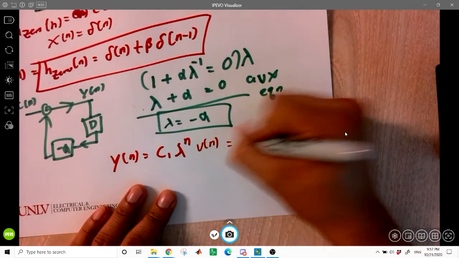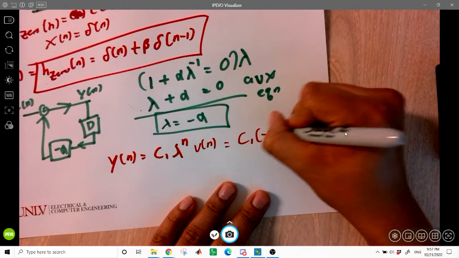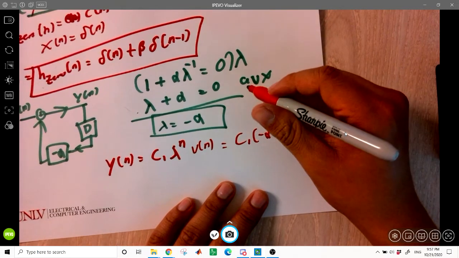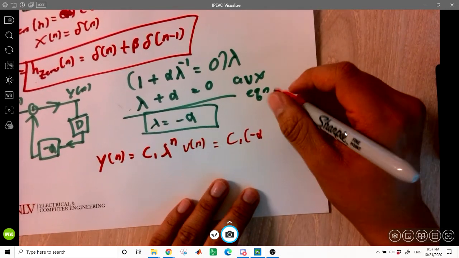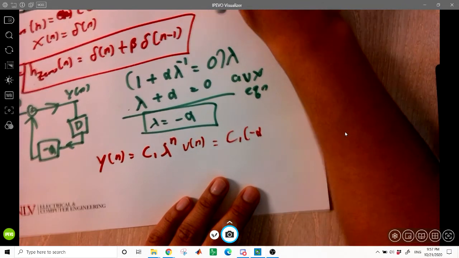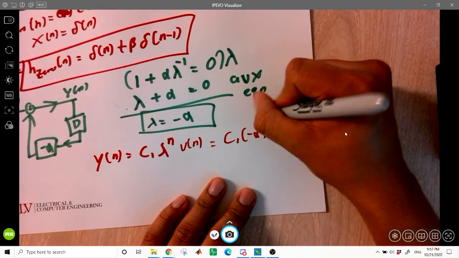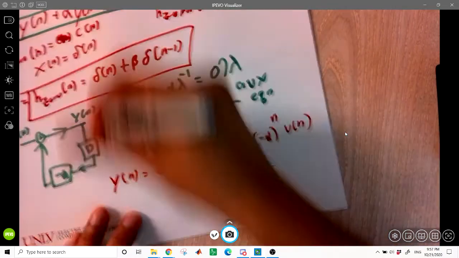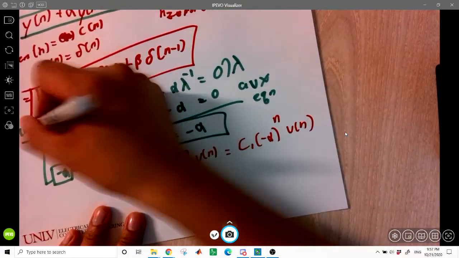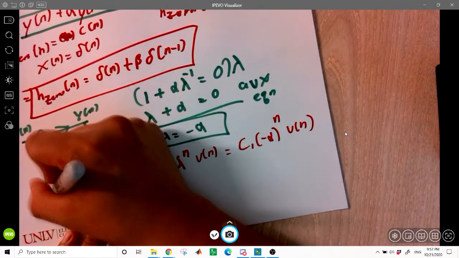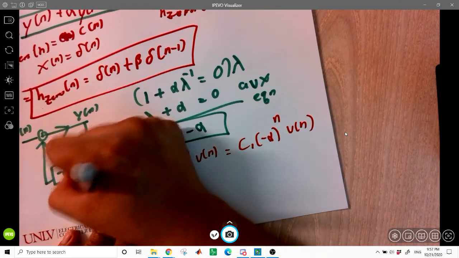So all we do is place minus alpha, to the n, times u of n. So this right here is what happens when we kick something into the box. This right here is going to be our h poles.